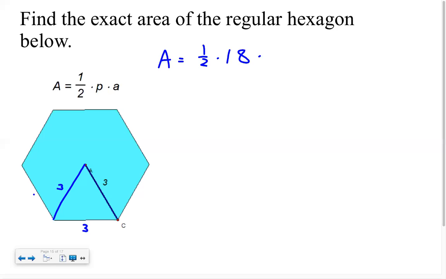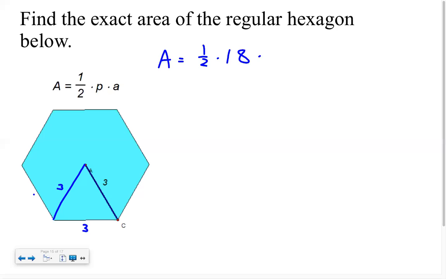Okay, I'm going to go through, because sometimes they ask you to find your answer in exact terms, like we say, give us an exact answer in simplified radical form. And sometimes they say, give us a rounded answer. If they're asking for a rounded answer, there's 3 different ways to find our apothem. I'm going to go through all 3.